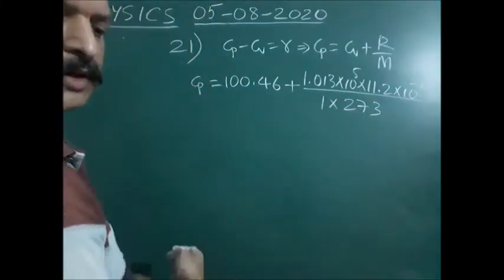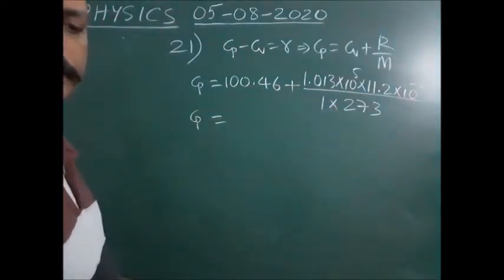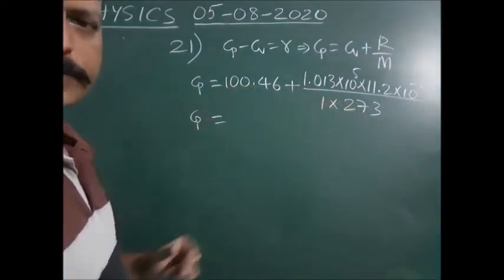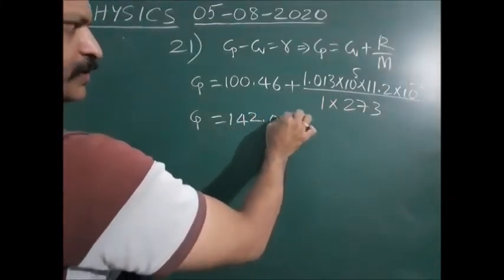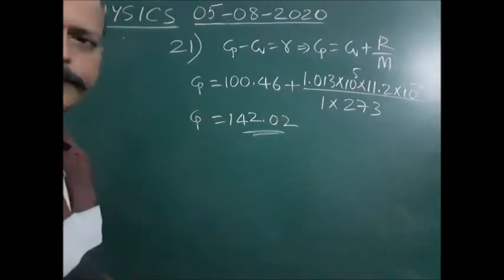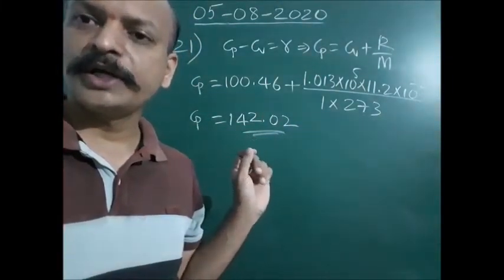If you do this calculation and add to this, it will be 142.02, which is the cp, specific heat per unit mass.